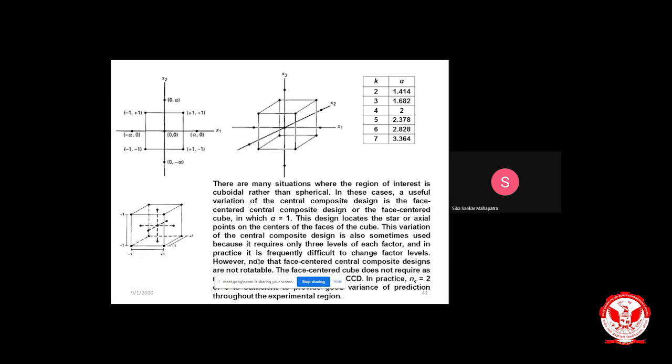So it can lie on the face of the cube. In that case, all the factors will be given by only 3 levels, not more than 3 levels. So this is the central composite design for 3 factors.